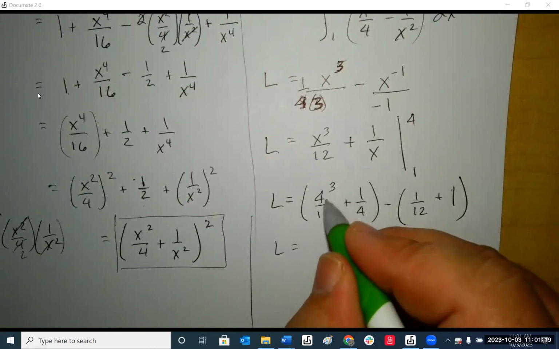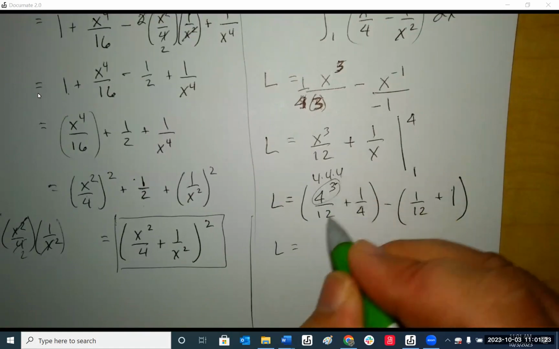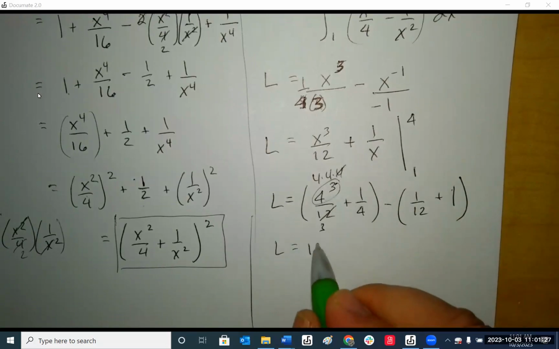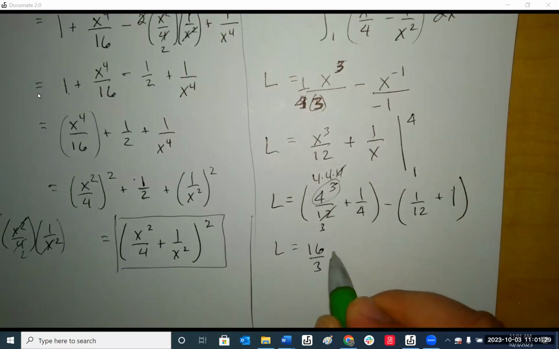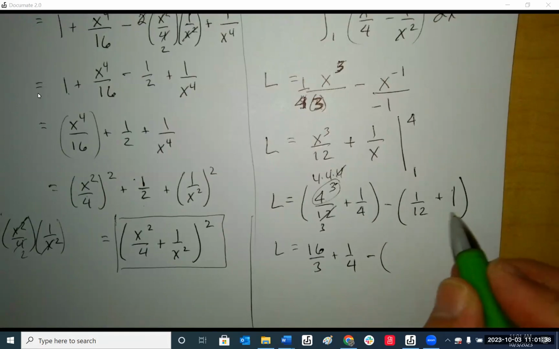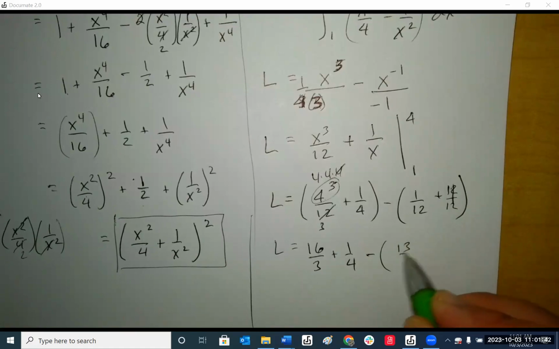So we have 4 times 4 times 4 here. So it cancels with one of those. So 16 over 3 plus 1 over 4. This is 12 over 12, so it's going to be 13 over 12.